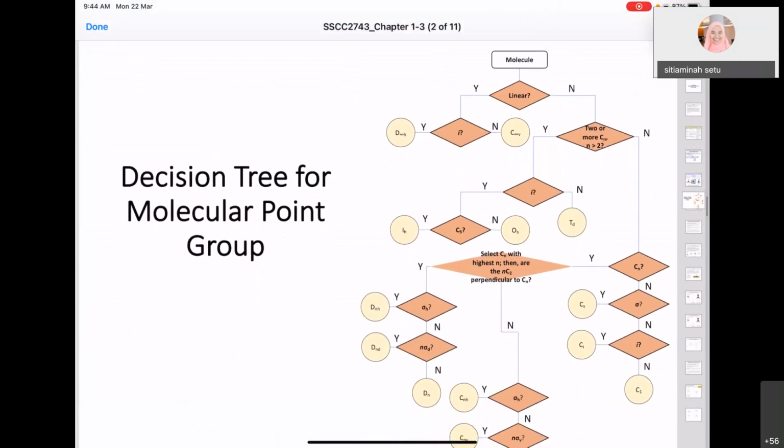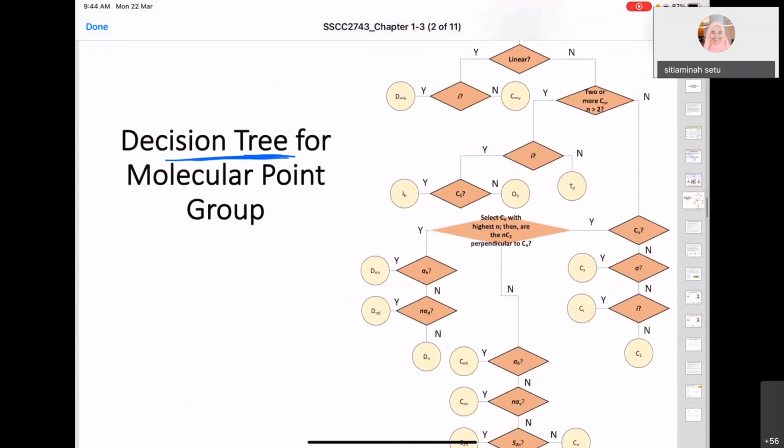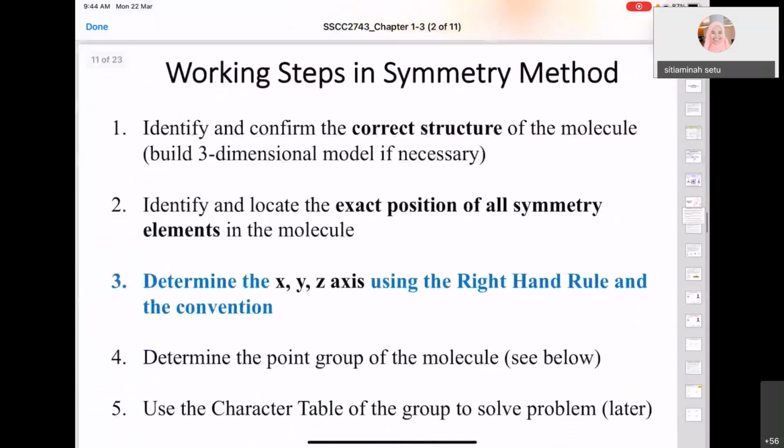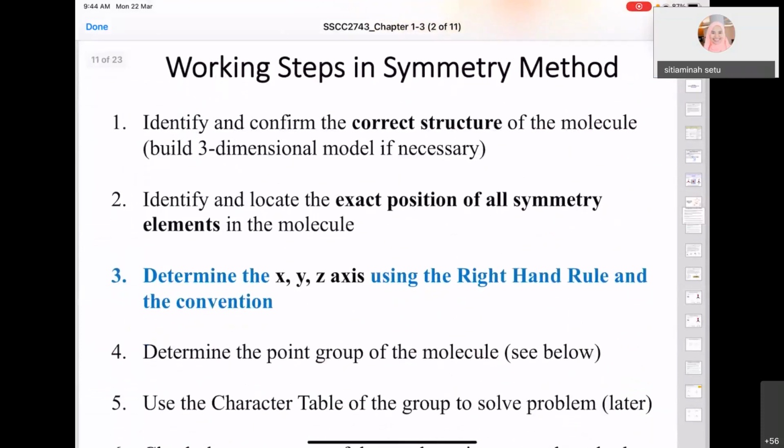Okay, we call it the decision tree. Decision tree for molecule point group. I will go into detail on this next week. So this one, the working steps in the symmetry method.